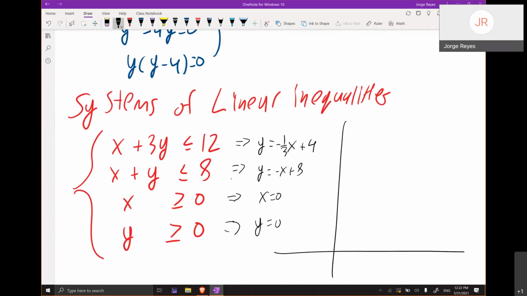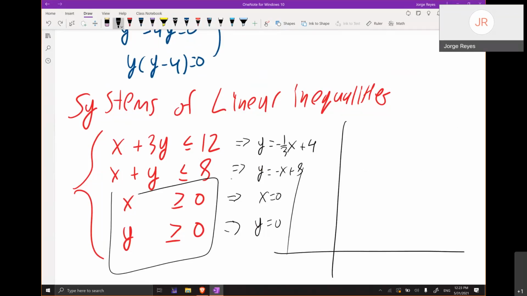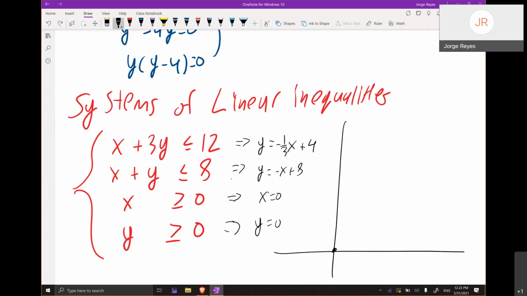And then this, okay, I hope you guys can see that this means above the x-axis and to the right of the y-axis, right? It means positive numbers, right? So really, I'm just going to focus on the first quadrant, and I'm going to draw these two, right? So I'm going to go 1, 2, 3, 4, 5, 6, 7, 8. That's this thing's y-intercept. And it's going to be 1, 2, 3, 4, 5, 6, 7, 8 x-intercept.